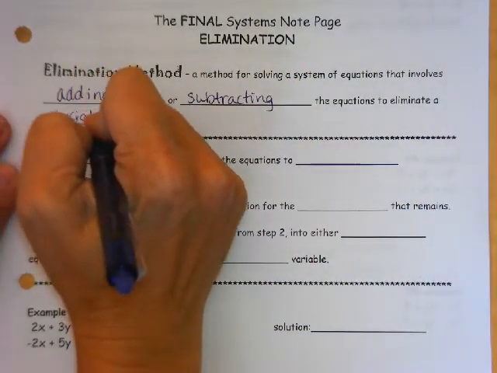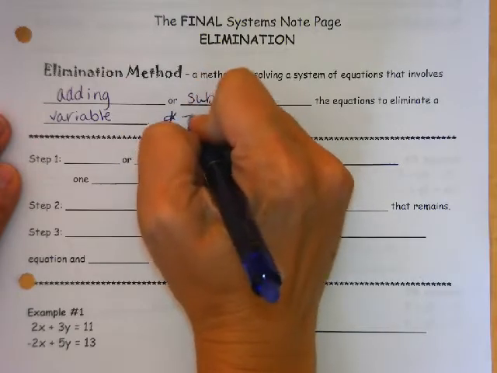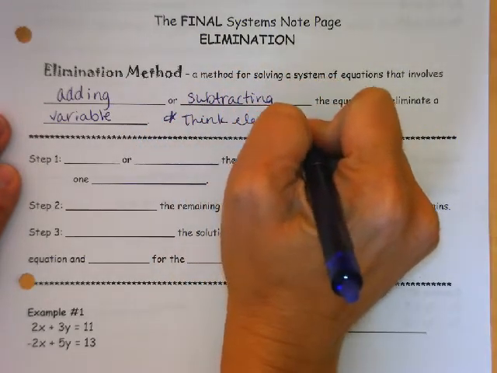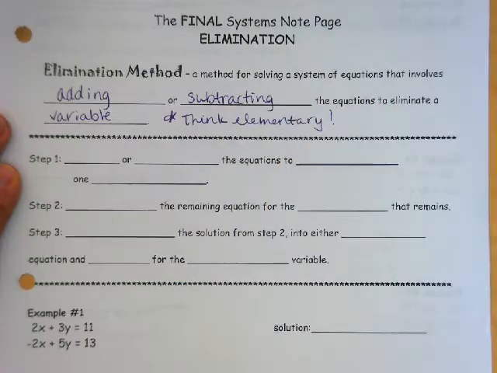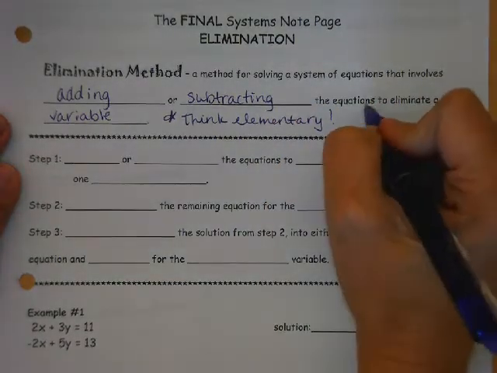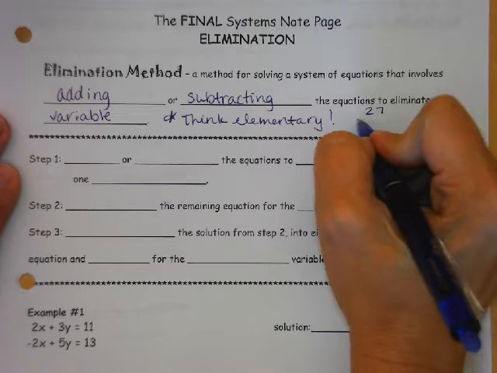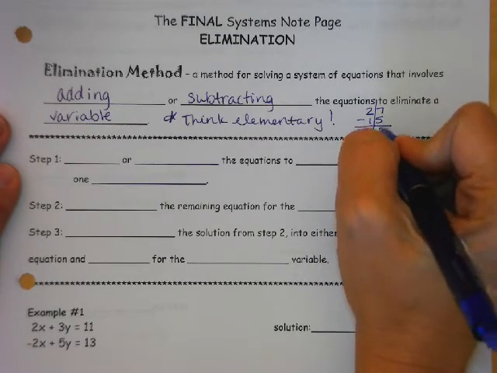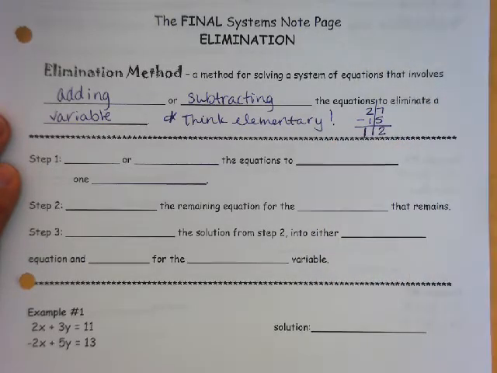So I want you to think elementary. When you first learned how to add and subtract in elementary school, you learned to do it vertically. So if I had 27 minus 15, you did your ones place and then you did your tens place. That's what I want you to keep in mind today.